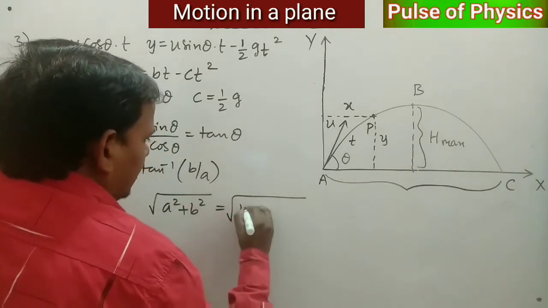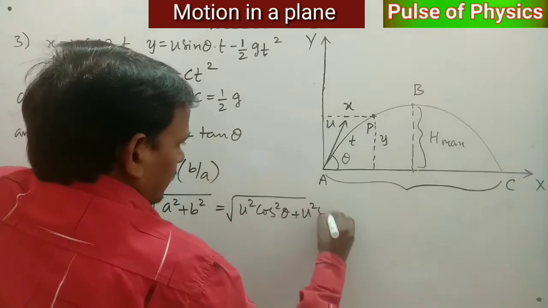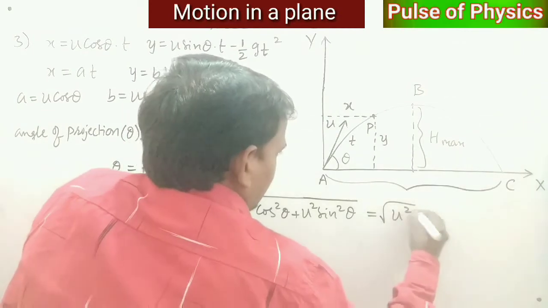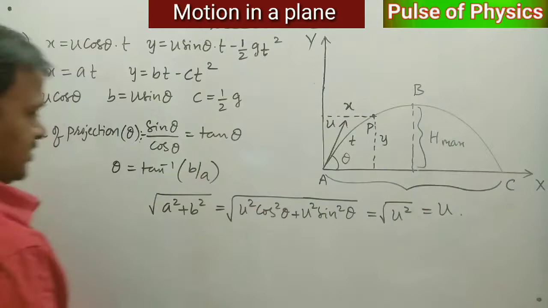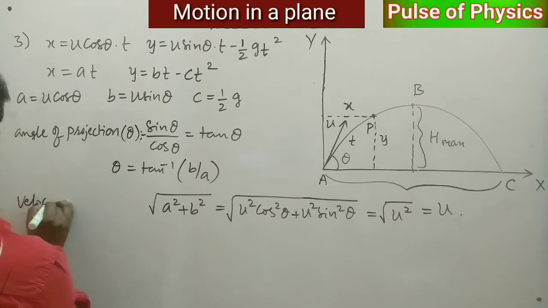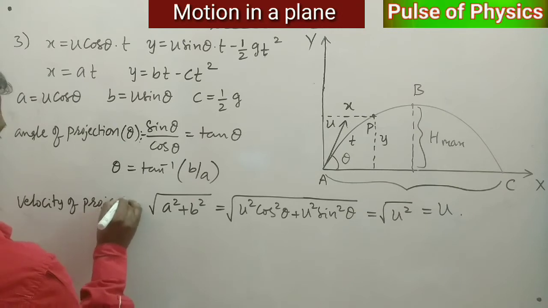It gives root u square, which will be u. Now this is the initial velocity, the velocity of projection u.